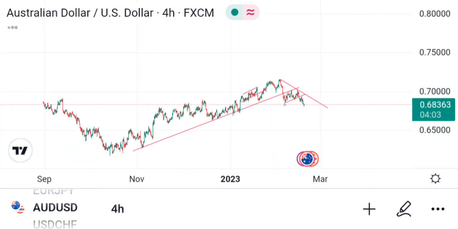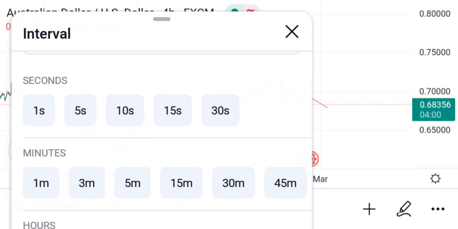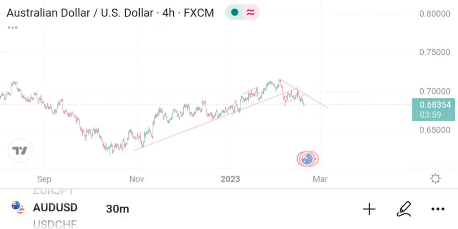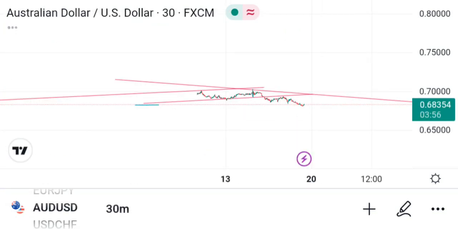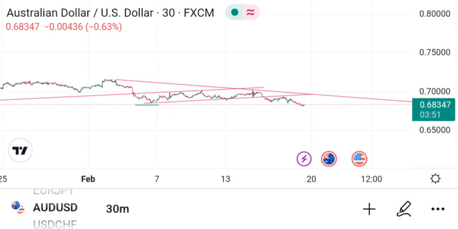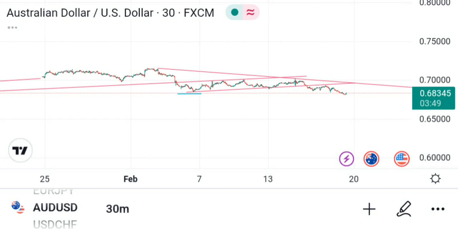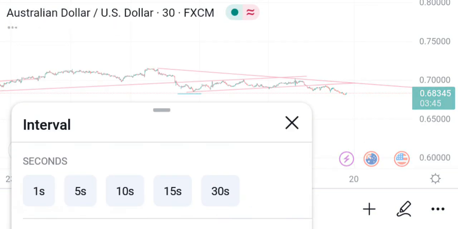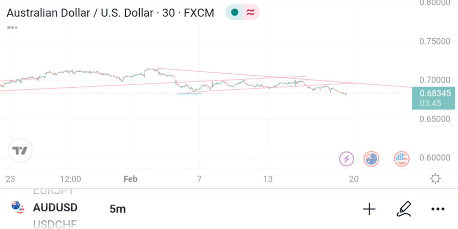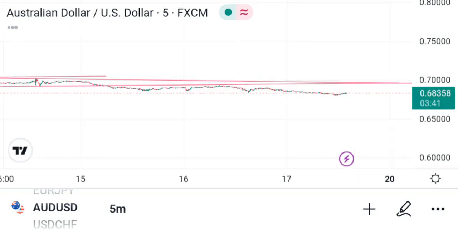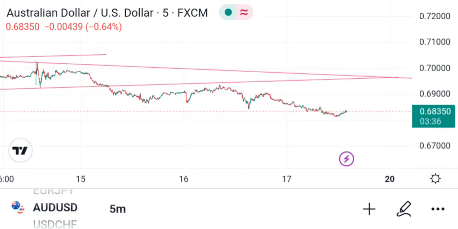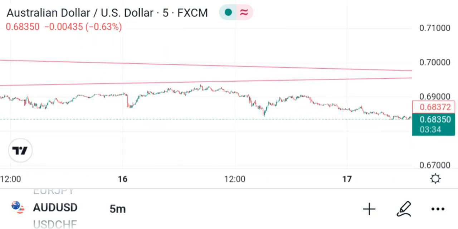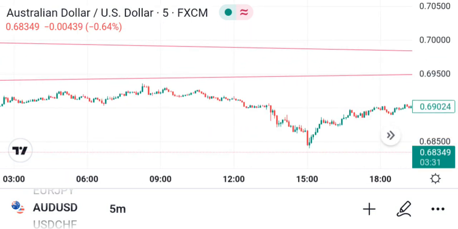And if we move down to 30 minutes, it took 30 minutes for each of these candles you're seeing here to be formed. Let's say we go down to 5 minutes, that's the least. What this equally means is it took 5 minutes for each of these candles you're seeing here to be formed.